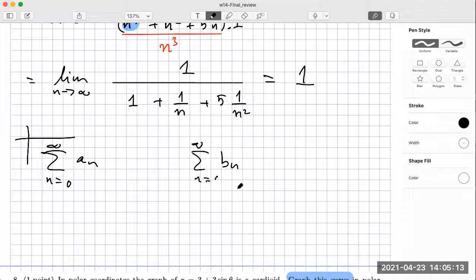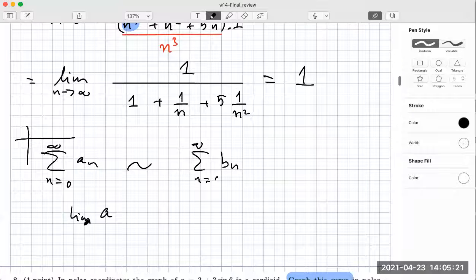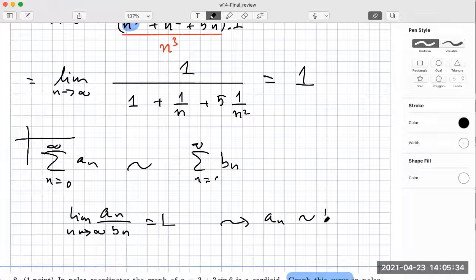If the limit here is L, it means that at infinity, a_n will be L times b_n.